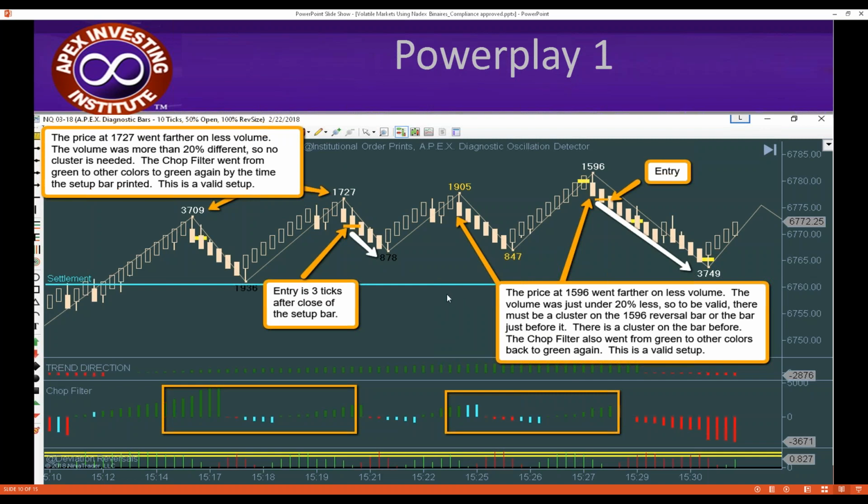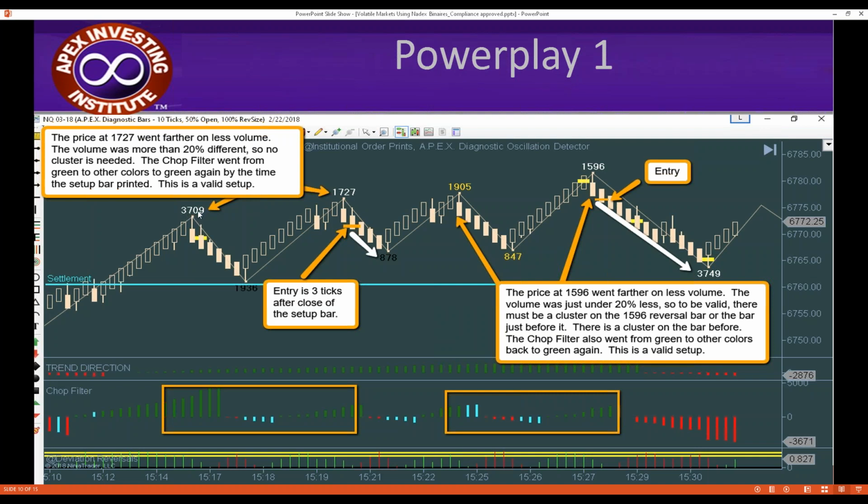All right. Well, what we're looking at here for this particular strategy, and there's many ways to trade it, is what we call our Power Play 1 strategy setup. And what we're looking at here is mainly volume, okay? We have a proprietary indicator that we call our oscillation detector, and that's these numbers right here.